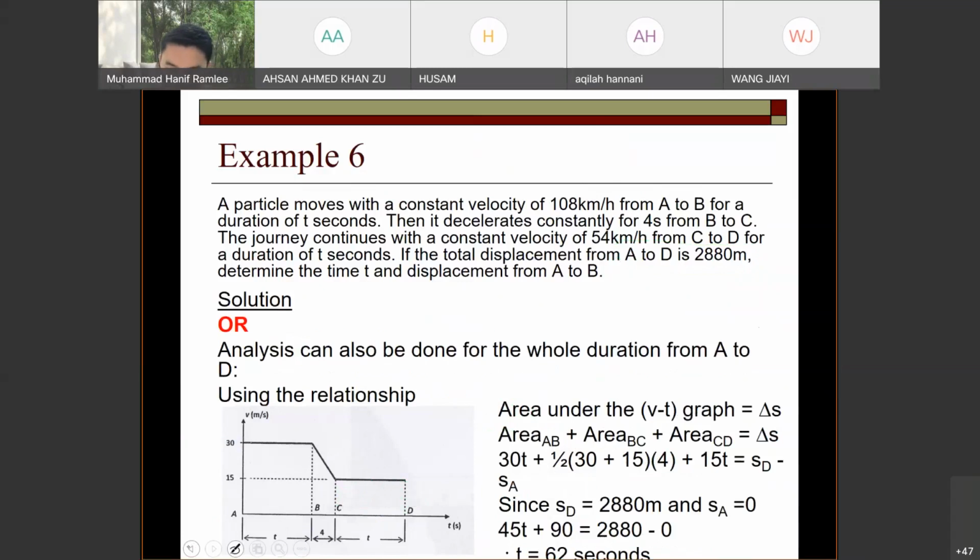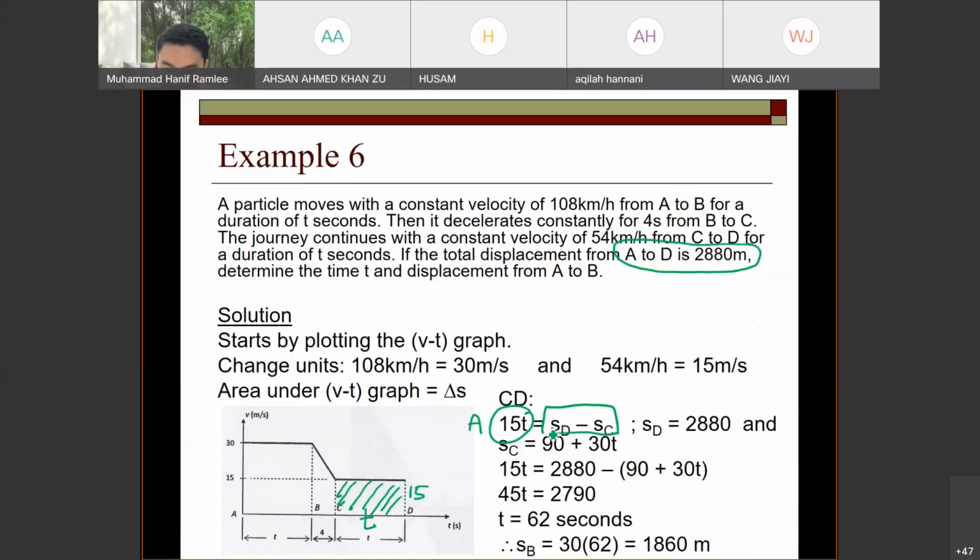And of course, the displacement is SD minus SC. We know that SD is the total displacement from A to D. You can substitute this value into the equation, you will get SC straightforward.